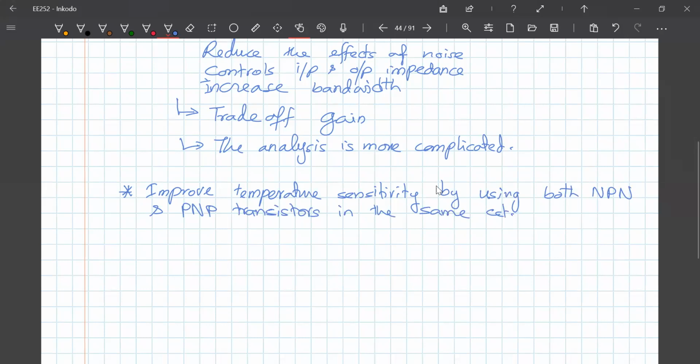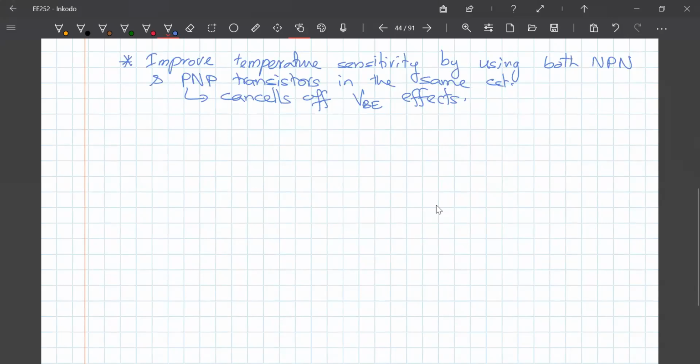Okay, so this cancels off VBE changes, VBE effects. So VBE is dependent on temperature. Okay, these are mitigated by the above technique.